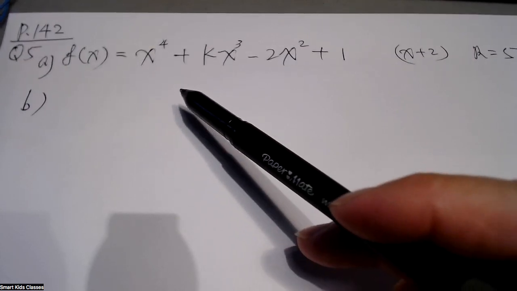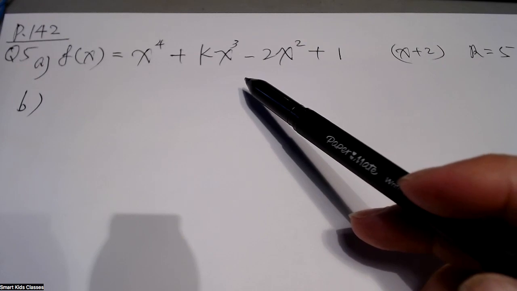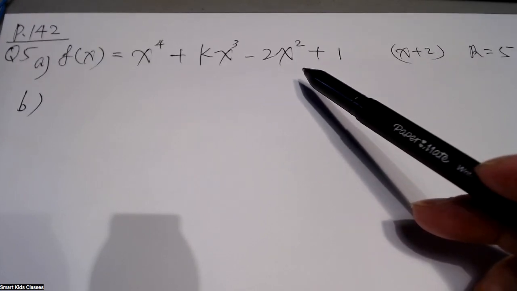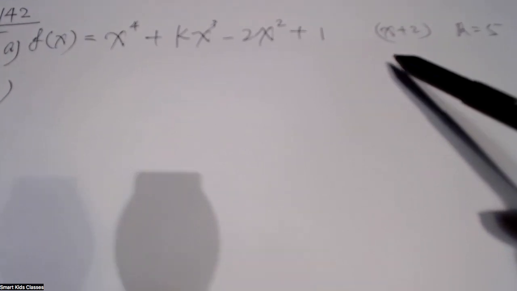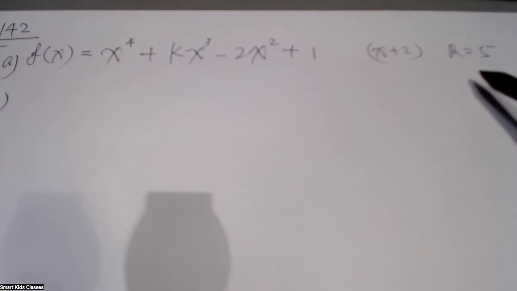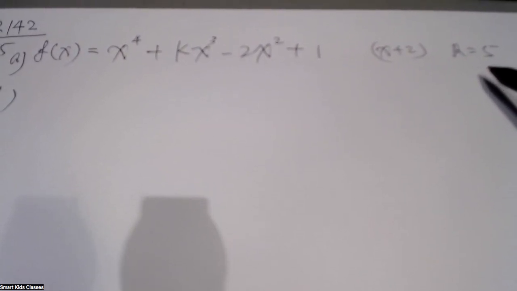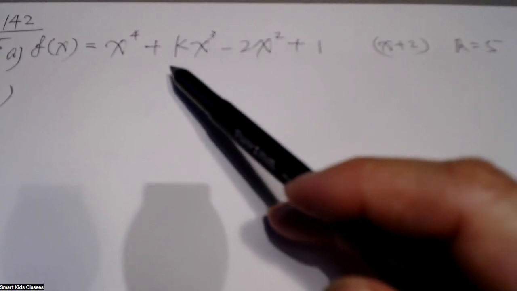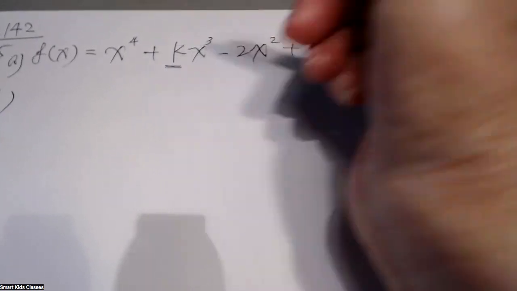f of x is equal to x exponent 4 plus 8k x exponent 3 minus 2x exponent 2 plus 1. And this question is for the factor x plus 2, to prove if the remainder is 5. From here, we also need to find the value for k. That's the purpose.